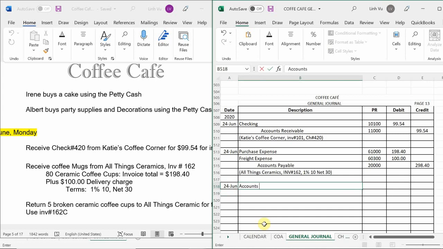We're going to reduce what we owe because in this case we have made no payments to All Things Ceramics. And we're going to do a purchase returns and allowances. Okay. So again, that is accounts payable should be 20,000 and this should be 61,500. So in this case, we are returning 5 broken mugs.